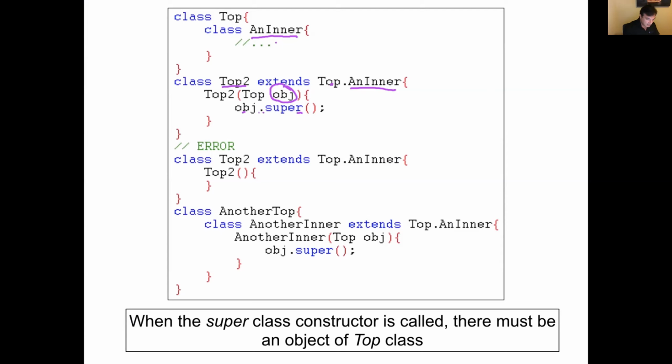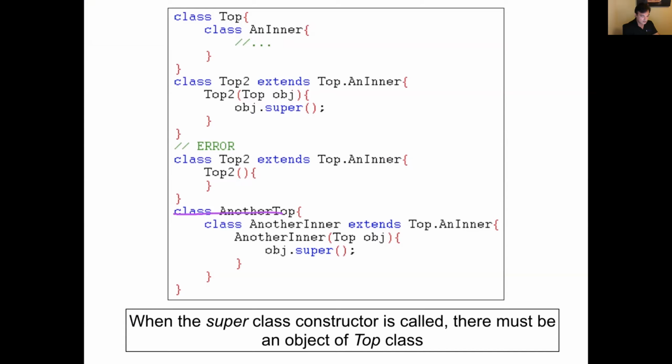Here, this is an error because Java is going to make a call just like this, super. Since I don't have a top level object first, I cannot refer to an inner constructor. So I will always need an object of the top level class. This is a little different, but very similar.